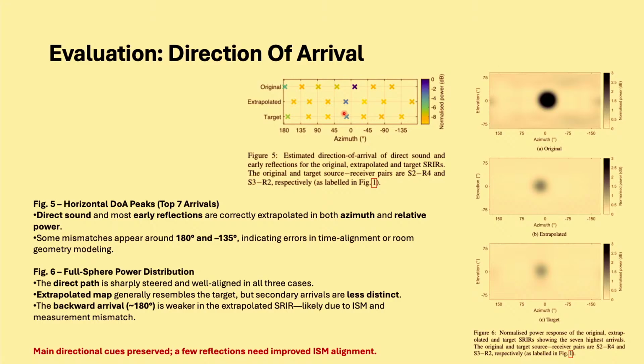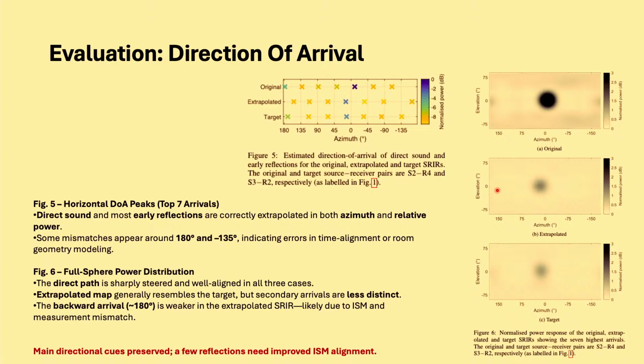The only problem we got here is at the backward direction, the sound from the back of the head. The target measurement showed that you should feel the wall behind you, but our method cannot reproduce this part.